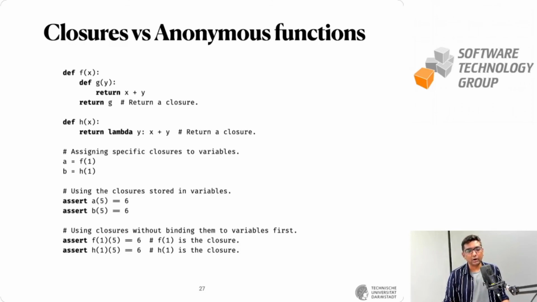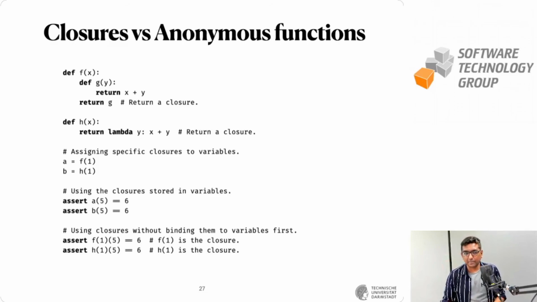Now, how you assign specific closures to specific values is that you create one variant of f and you call it a, but here you bind the value of x with 1. And you create another variant b where you bind the value of x again with 1. So essentially a and b can be considered variants of f with a particular binding. You can define any number of variants of f with 2, 3, 4, whatever.